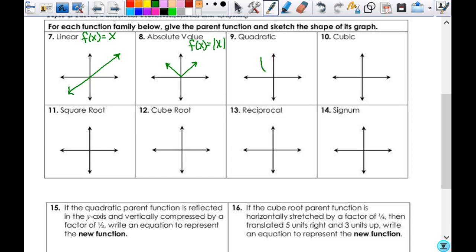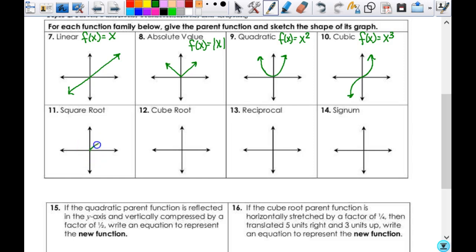Quadratic, oh, that's fine, it's kind of fat, but it's all good. F of x equals x squared. Cubic, got that point of inflection there. So f of x is equal to x cubed.